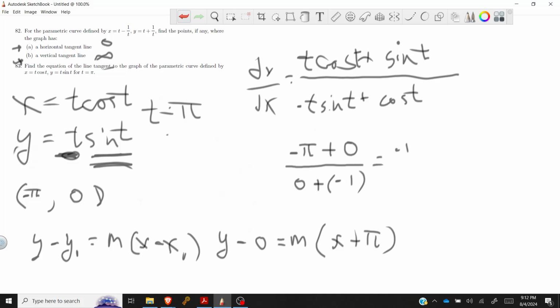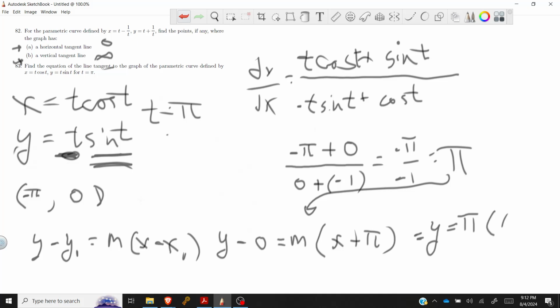So this is equal to negative pi over negative 1, which is equal to pi, positive pi. So our slope at t equals pi is pi, which means that the equation for our line is y equals pi times x plus pi, or y equals pi x plus pi squared.